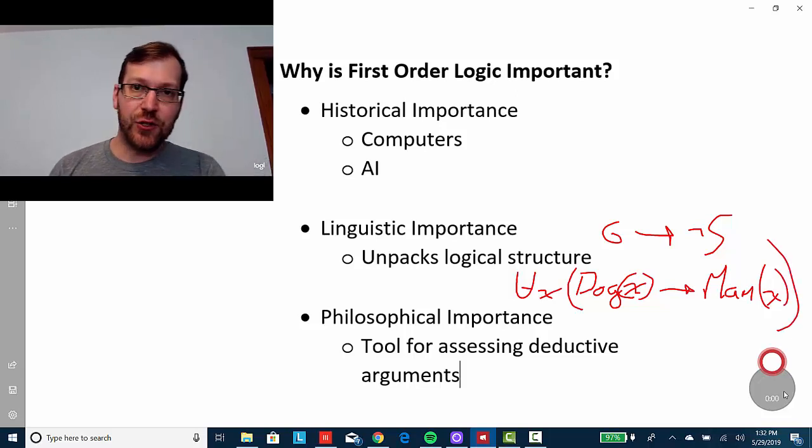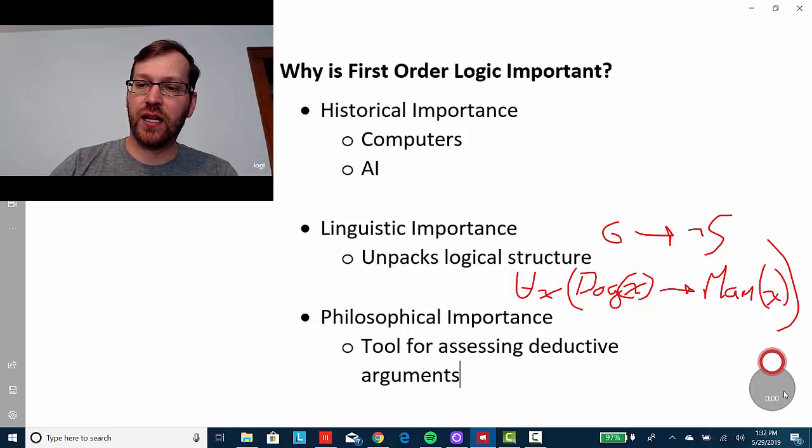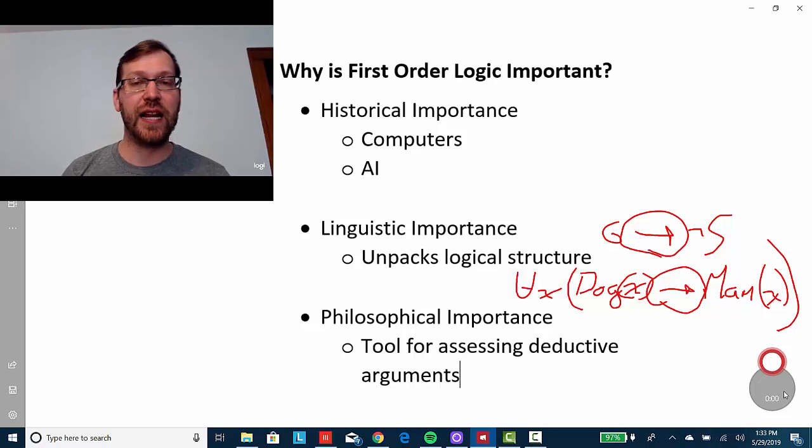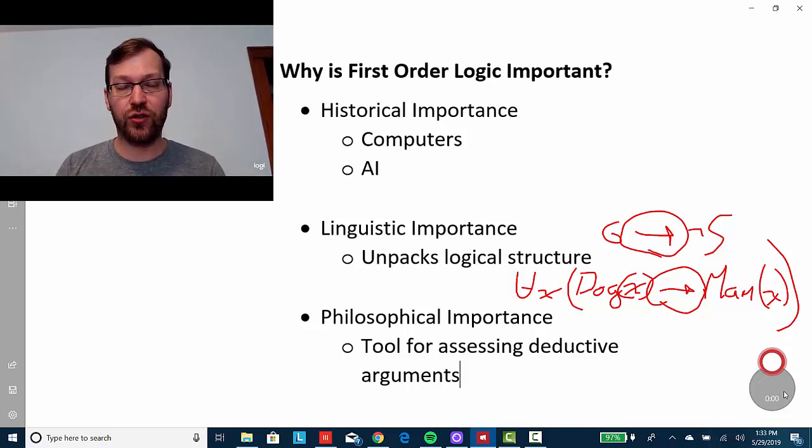And part of what's interesting about this is this symbolization reveals to us that this universal quantification, all dogs are mammals, actually takes this if-then structure in it. So it's that if-then structure, or what we call a material conditional, that is built into a universal proposition such as all dogs are mammals. And that's not obvious without this symbolization.